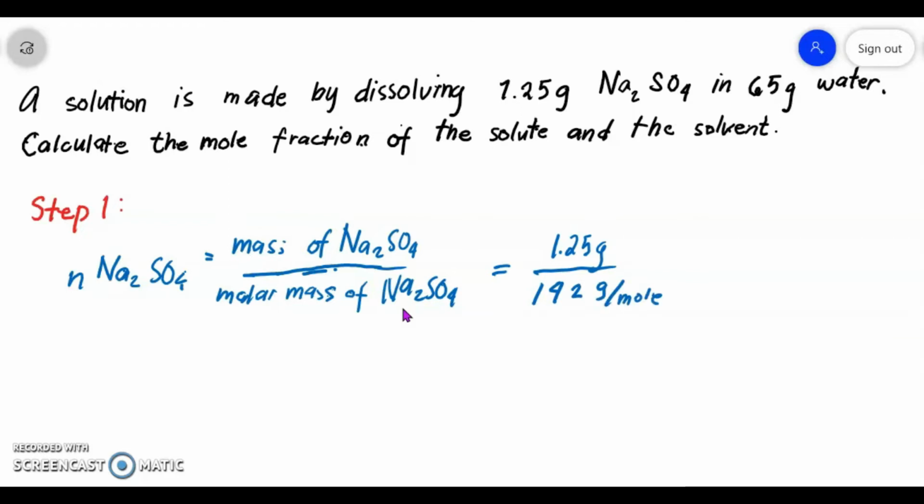The unit for molar mass of any solute is usually grams per mole. You use your calculator to solve. We cancel the gram out, and we have 0.088 mole.